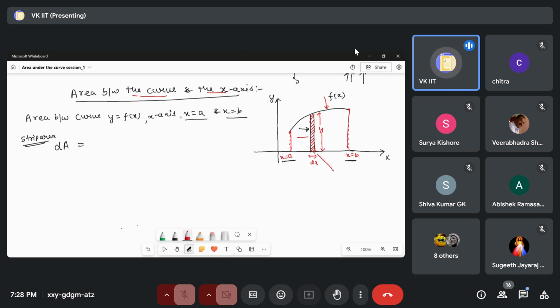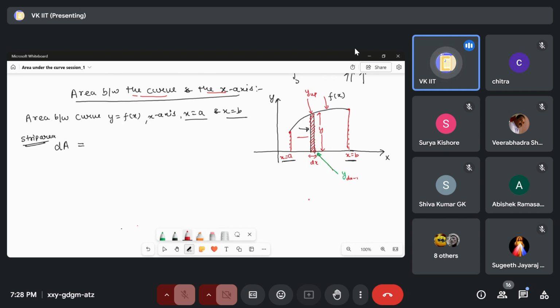So you can see that this is the lower limit of y. So y lower, or y down you can say. And this is the upper limit of y. So we can say y up. Why have we written this?